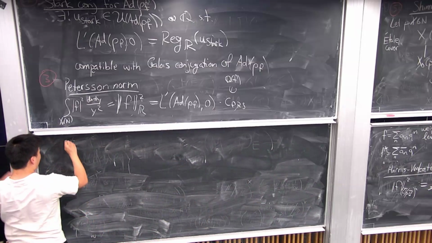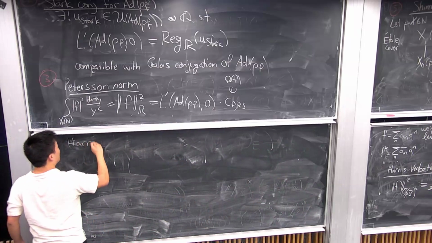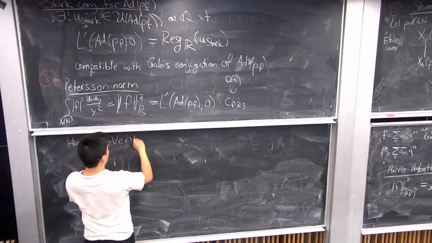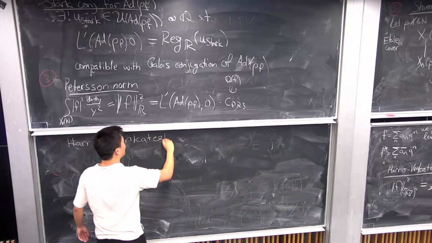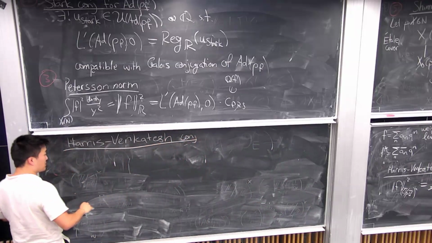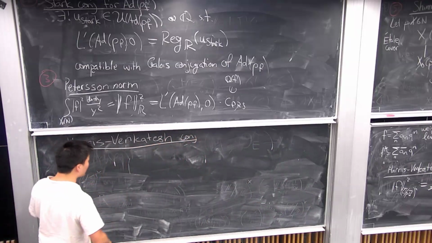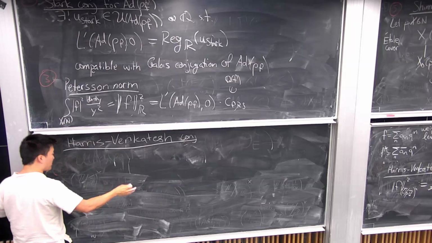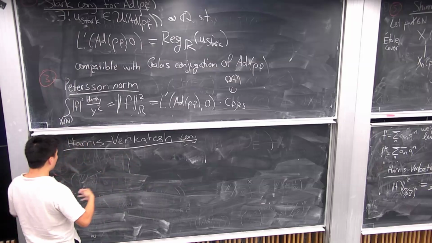Okay, so the Harris-Venkatesh conjecture predicts that this value is related to some unit, some unit multiple of the Stark unit, possibly with some additional factor.